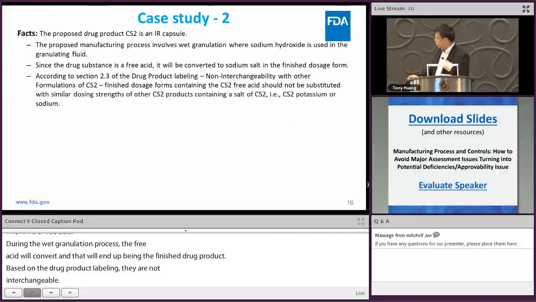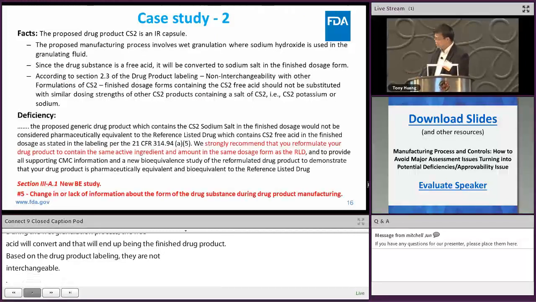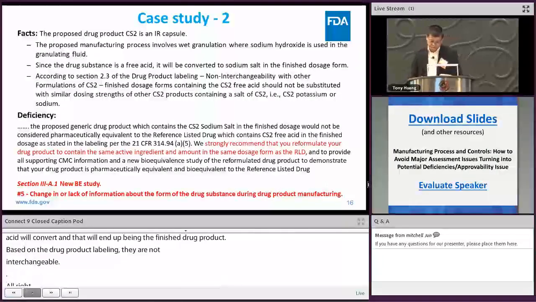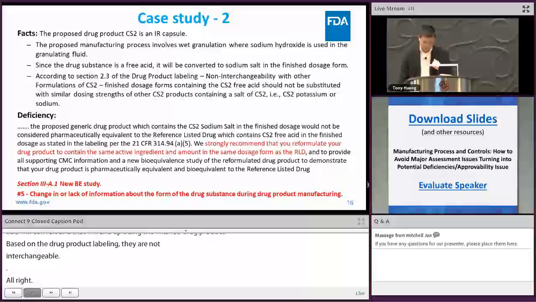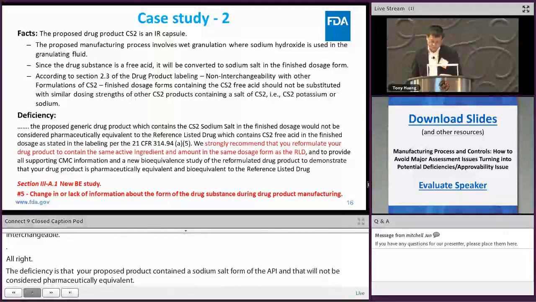All right. So the deficiency is that you propose a generic drug product containing the sodium salt form of the API, which will not be considered pharmaceutically equivalent to the RLD. And we strongly recommend that you reformulate your drug product and also redevelop a manufacturing process.